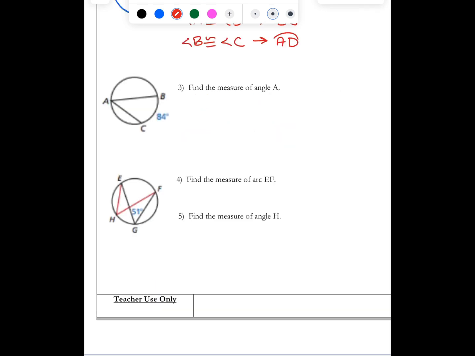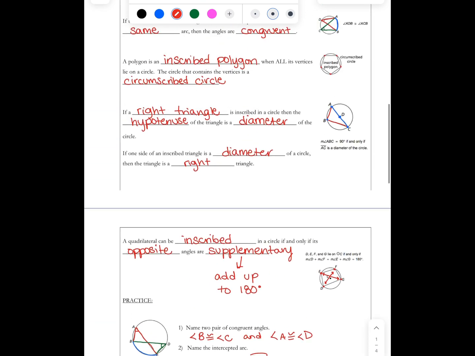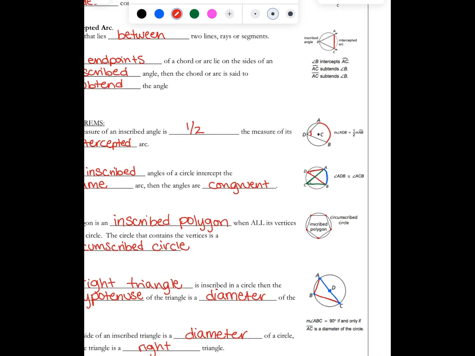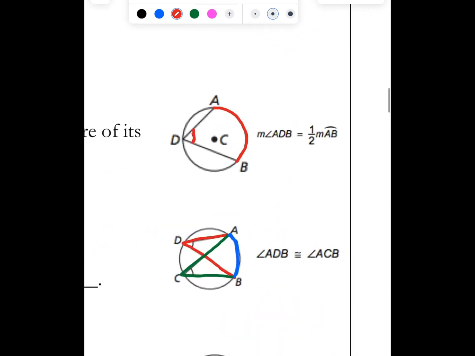Find the measure of angle A. So we need to find this measure here. If we look back at our theorems, it says that the measure of the angle is equal to 1/2 of the arc.